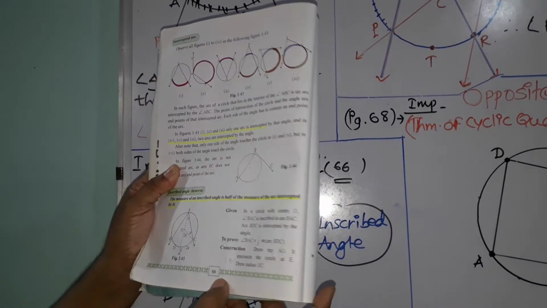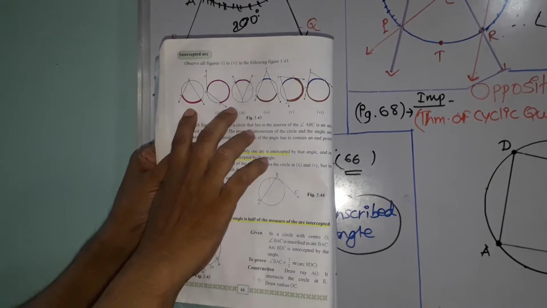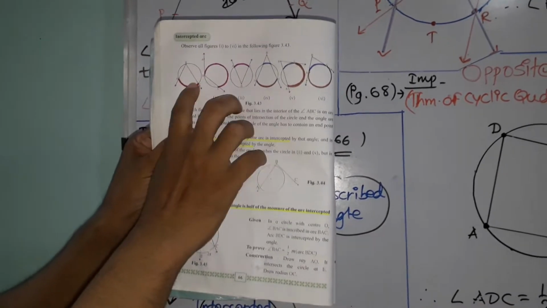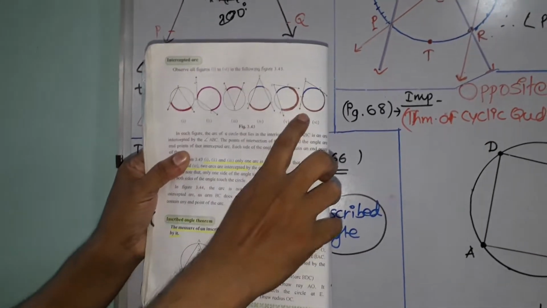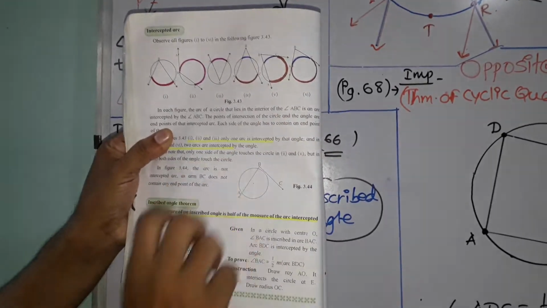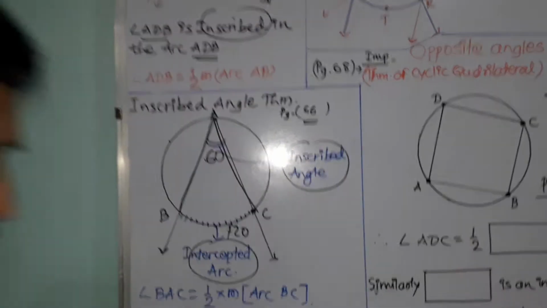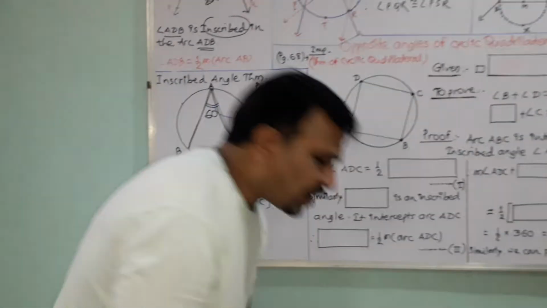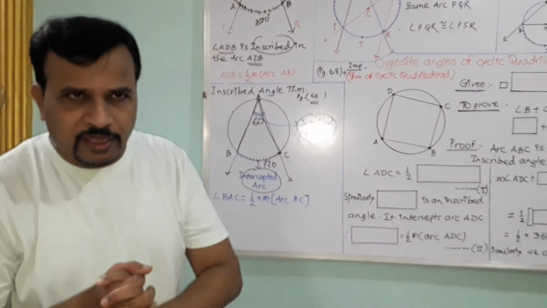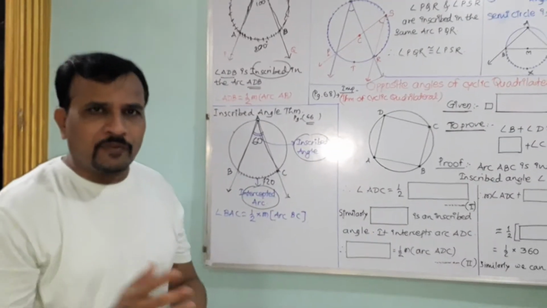You can see this in your textbook page number 66. In the first 3 figures, one intercepted arc; in the other 3 figures, 2 intercepted arcs are given. The explanation and proof of this inscribed angle theorem, we will see in a separate video.